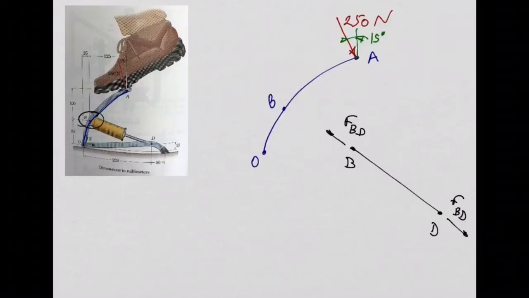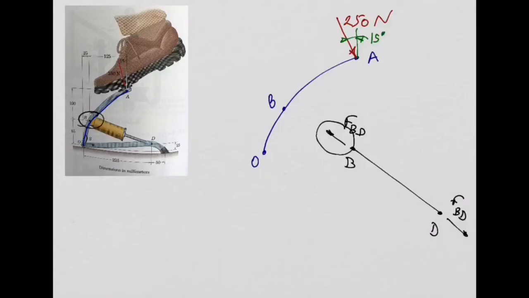Okay? And now, why is this important to solve this problem? Because look at this now. This force is the action of my member OBA onto the cylinder, onto the strut BD. So basically, my member OBA is pushing this cylinder BD up and left, right? With this force FBD.